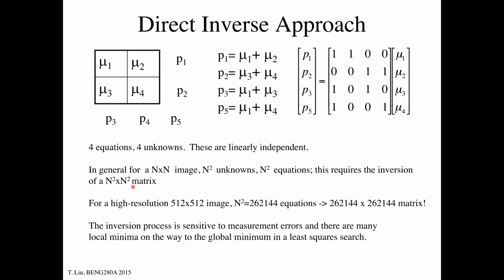So 512 by 512 would be a 260,000 by 260,000 matrix that you'd have to invert. You can do it, but it's not terribly stable. There are a lot of solution minima, local minima, et cetera. It's a hard thing to do. So people don't do that for these high resolution imaging applications.